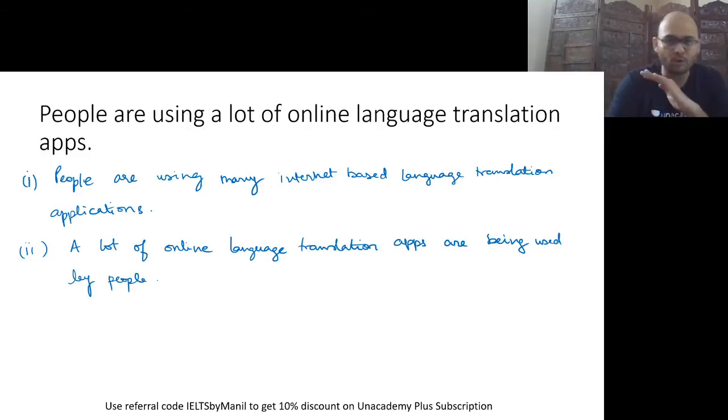One is we've just used synonyms in one case, and in the other one, we've just changed the voice. But what would be the best way to make a paraphrase? We combine the two, right? So we change the voice and then we also use some synonyms.